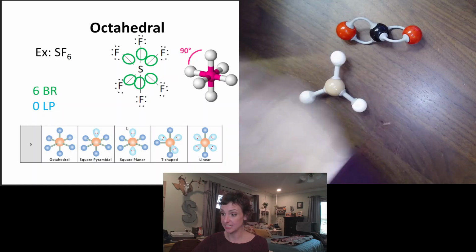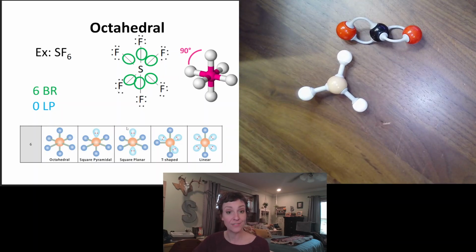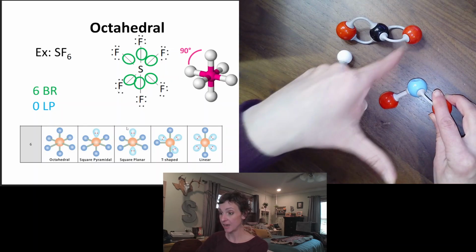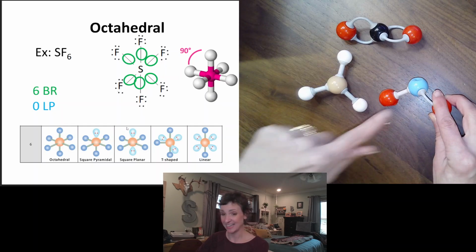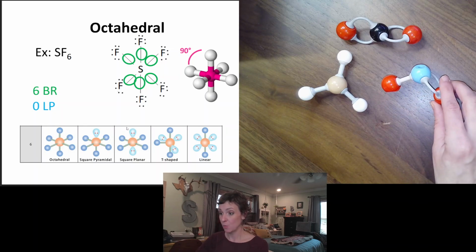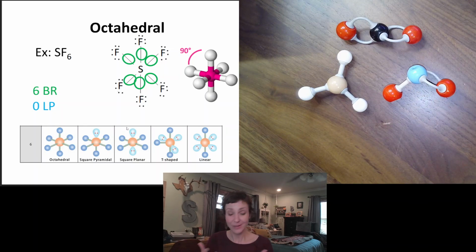He's 2-dimensional, he is plane. If I took one of those bonds out and subbed it with a lone pair, I would get a bent shape, where I have a lone pair that you cannot see up here but is causing this bent shape. So 1 lone pair and 2 bonding regions. We get that bent shape.